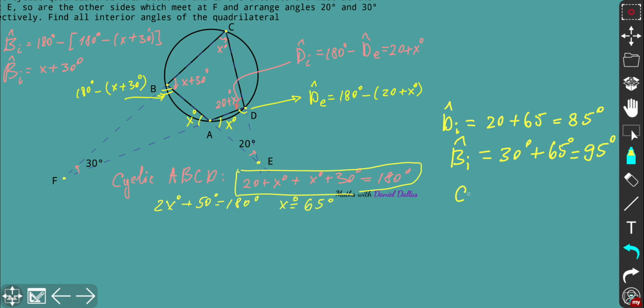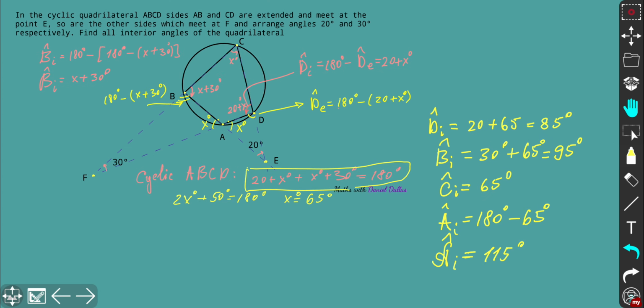Angle C interior is angle X, which is 65. And the last angle, which is here, is simply 180 minus X. So angle A interior is 180 minus angle X, because it's opposite to the angle X and it's cyclic, so we again use this property, and for angle A we get 115 degrees. Okay, so all angles were found, and that was a nice solution for that.